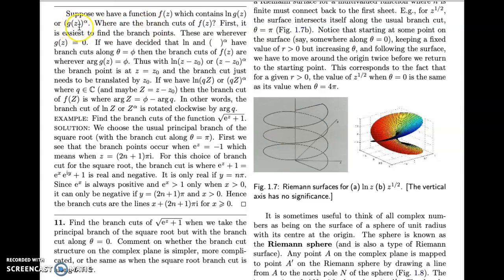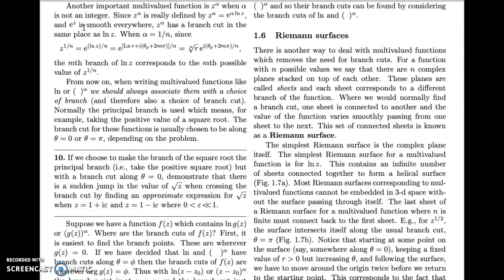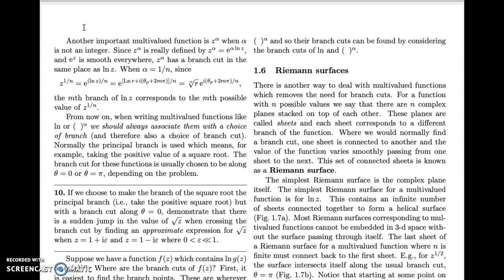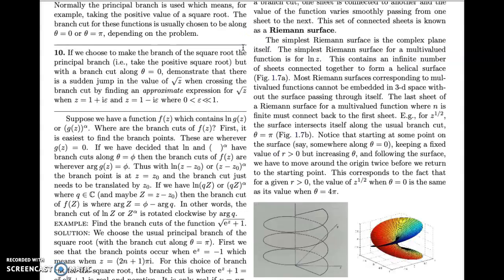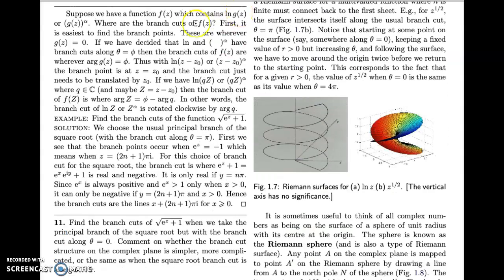And the same with g of z to the power alpha, because g of z to the power alpha, remember, is defined in this way. It's e to the alpha times log g of z. So we still have the log there. So again, with either of these, we just look for when g of z equals 0.